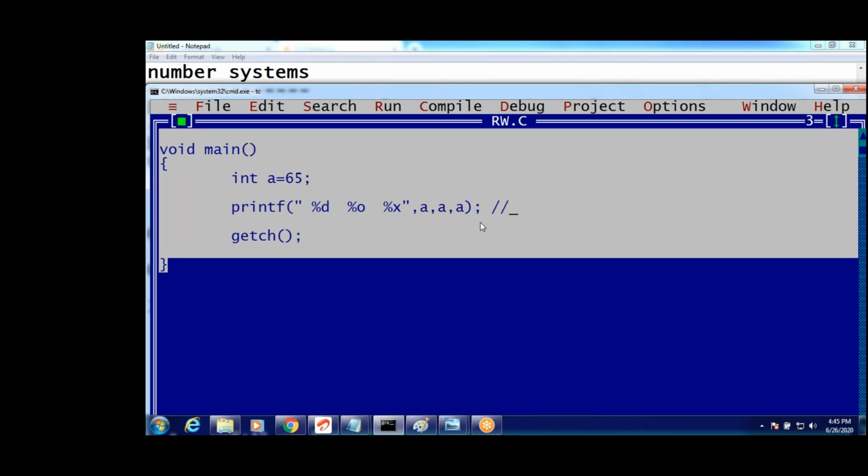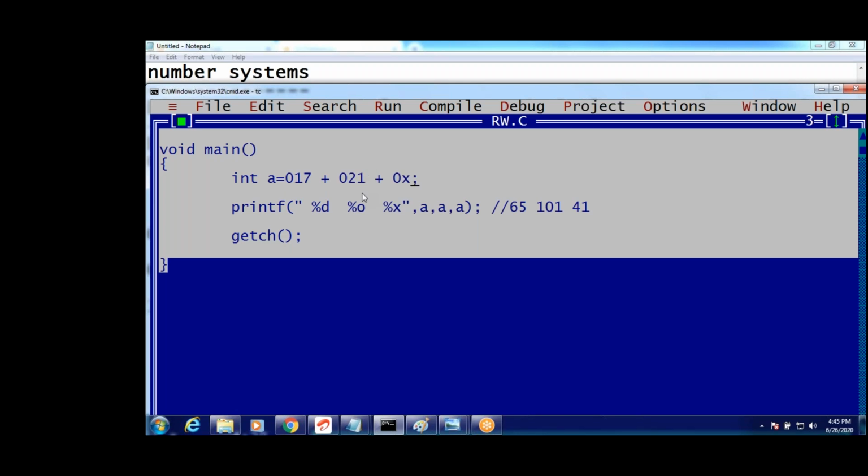Now I'll give one program, guys. Try that and tell me the answer. Now I am writing the example: 017 plus 021 plus 0x1a plus 0x2b.